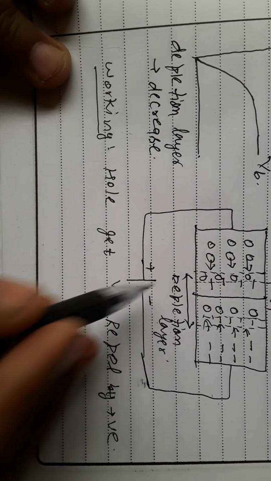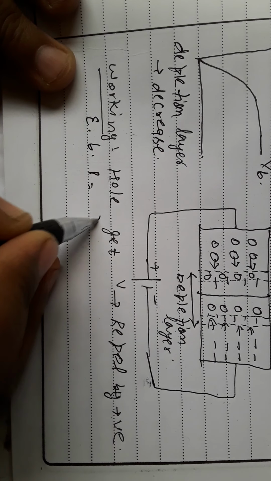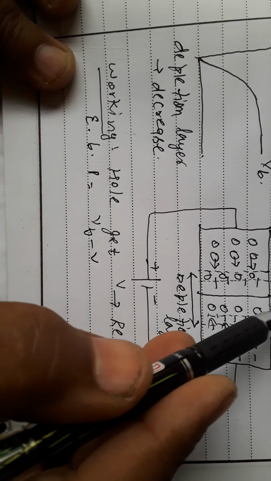Now we can say the effective barrier potential is equal to VB minus V. This is VB, the barrier potential.